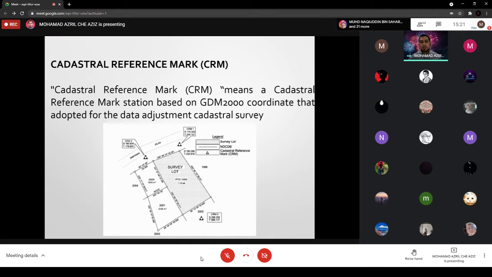Other than this, you have lot 2002 and 1998, if I'm not mistaken. From here you are required to survey this lot. As a previous practice, you can use three boundary marks, for example these three boundary marks here.